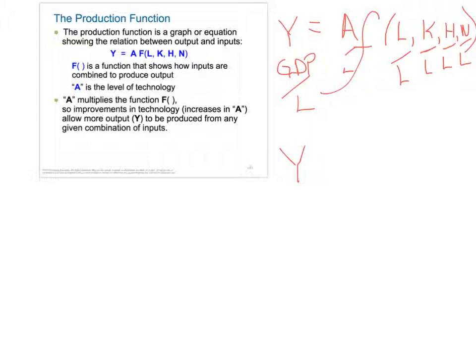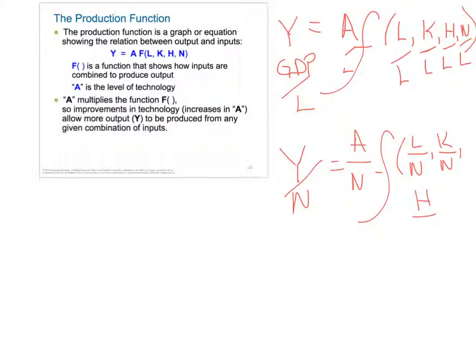I could look at output or GDP per natural resources. Then I would have output over natural resources as a function of labor over natural resources, capital over natural resources, human capital over natural resources, and lastly, natural resources over natural resources, which would be 1.